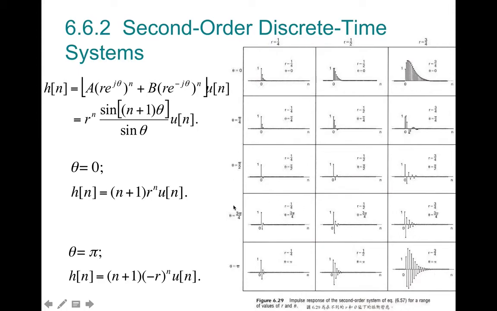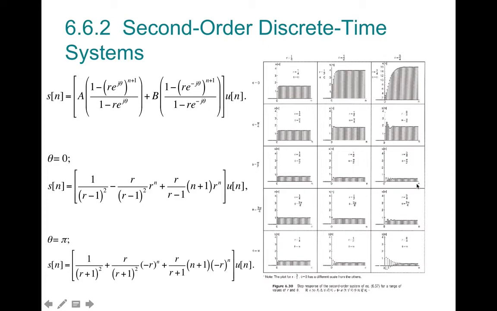And everything in between theta 0 and theta equals pi will follow this equation. This equation has a monotonically decreasing term and a sine function, so it is going to decrease, but also oscillate according to the sine function. And here are several examples over here.